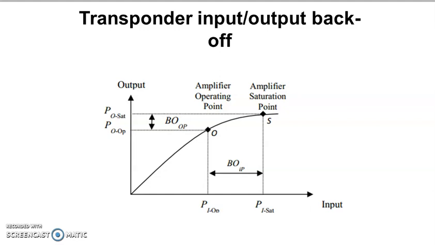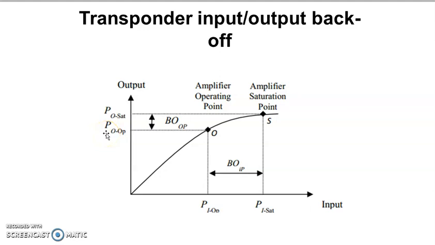Now amplifiers have limitations for power handling. So how much is the maximum power output from the amplifier, the output of a power amplifier. In the saturation case, we have a saturation mode, which needs to be considered.